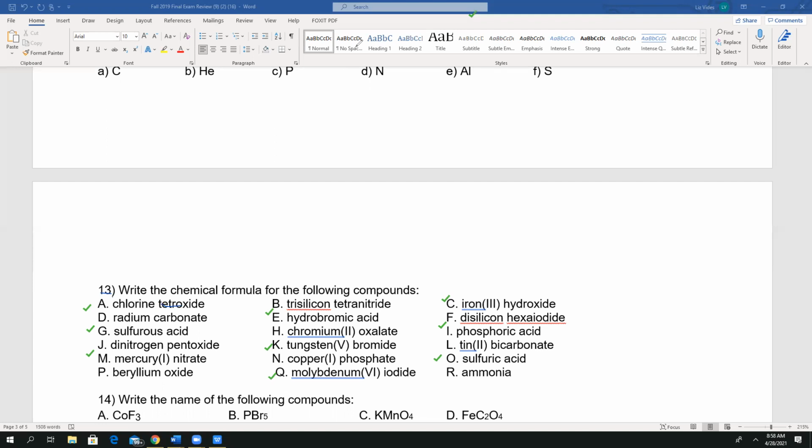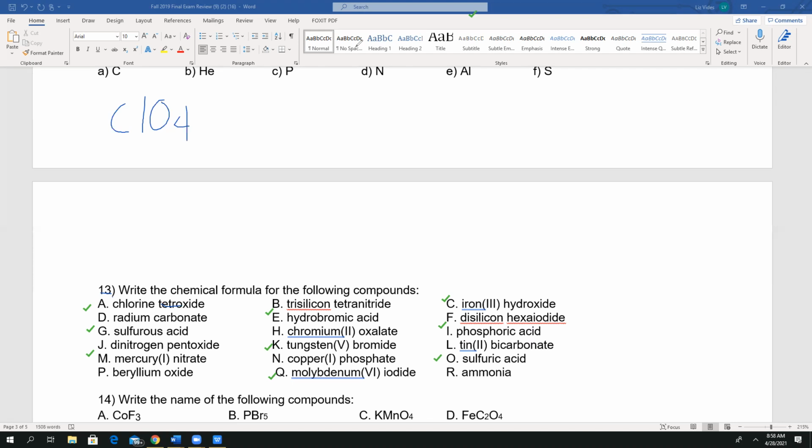Plus, you can look at it and see that you have chlorine and you have oxygen. And that's it, ClO4. It's telling you what to write. It says chlorine and 4 oxygens.